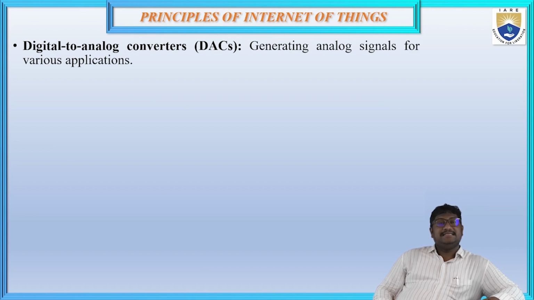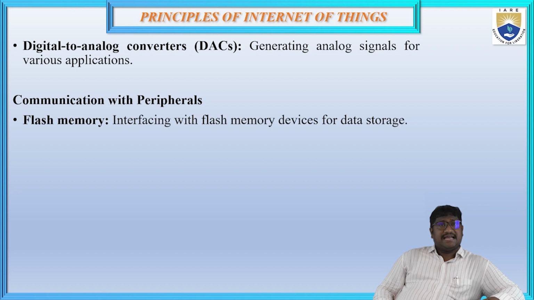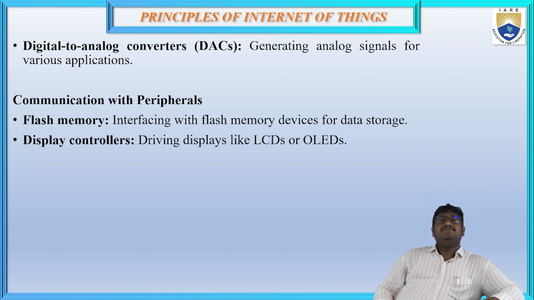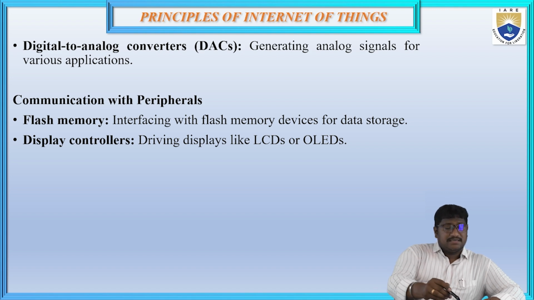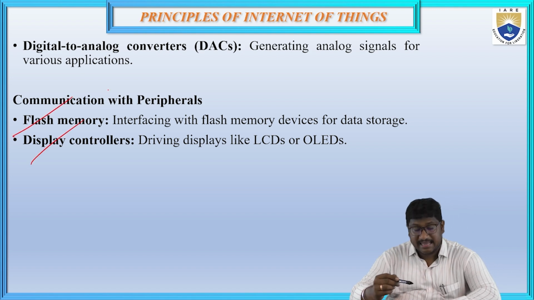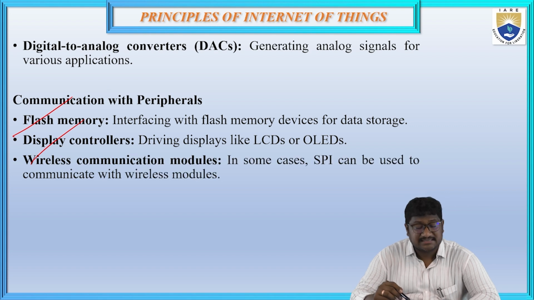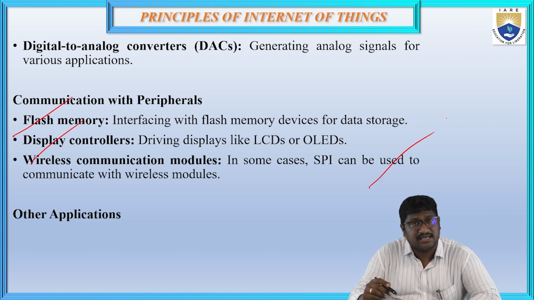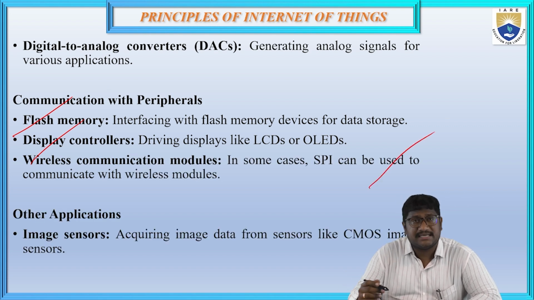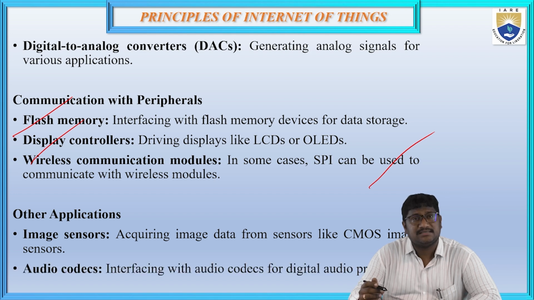And coming to DAC and ADC, digital to analog converters and analog to digital converters, which have various applications in communication with peripherals such as flash memory devices for data storage, display controllers for driving LCD or OLEDs, wireless communications, and some more applications like image sensors and audio codecs.